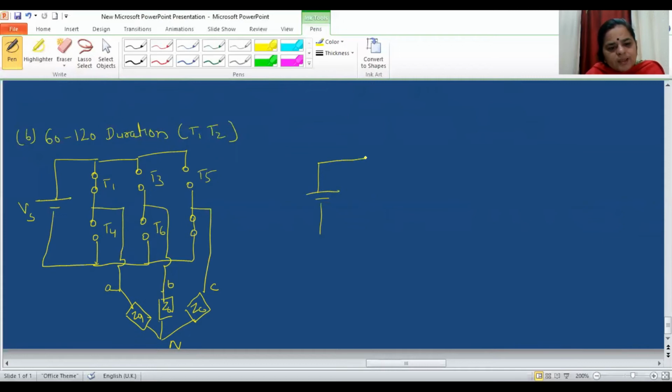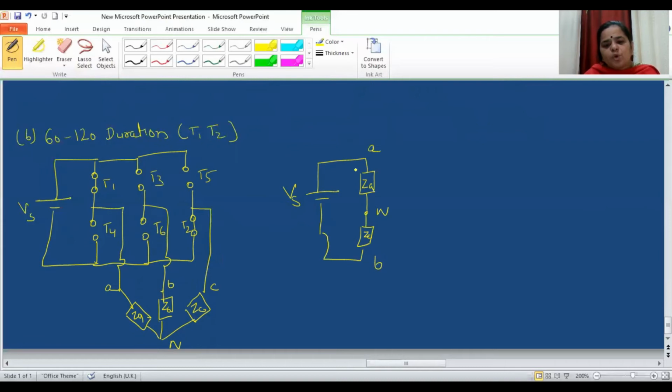You can see that ZA impedance through the short circuit of T1 is connected to the positive of the supply. So this is A phase, and ZC is connected through the T2 short circuit to the negative of the supply. So that will be like this. So this is Vs.